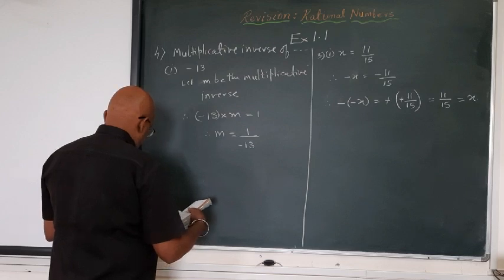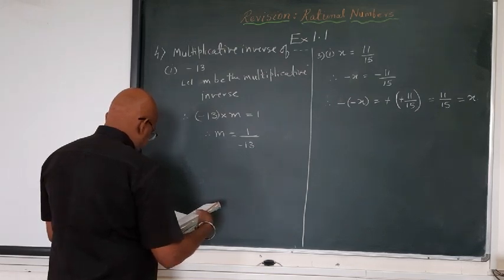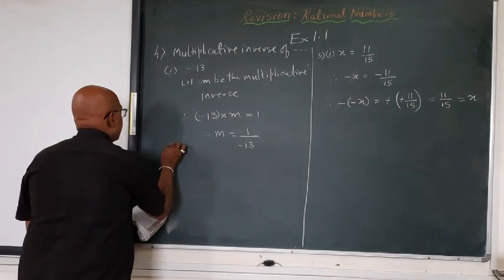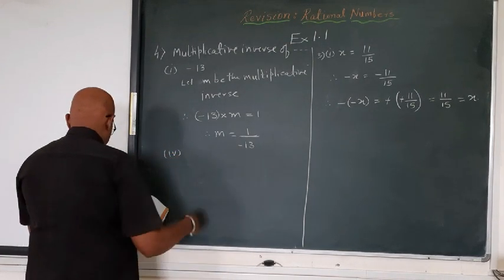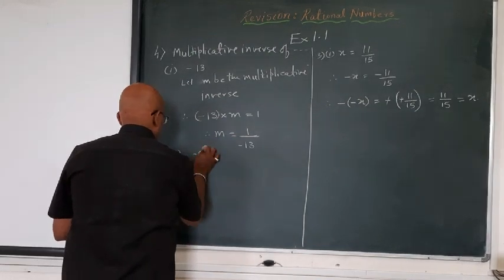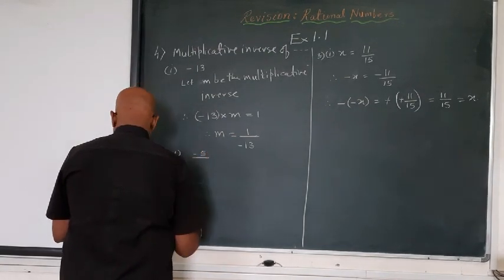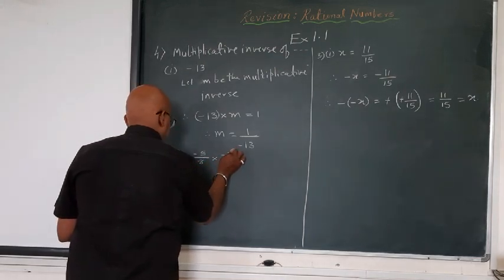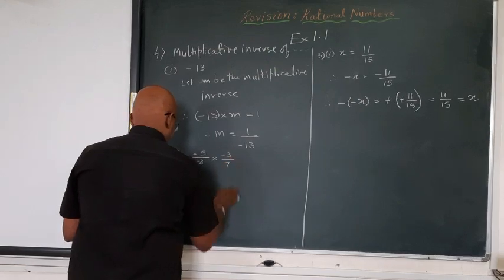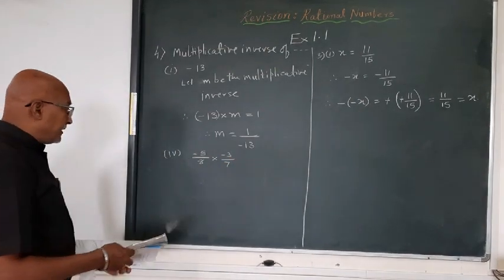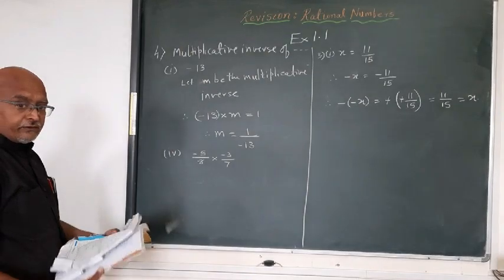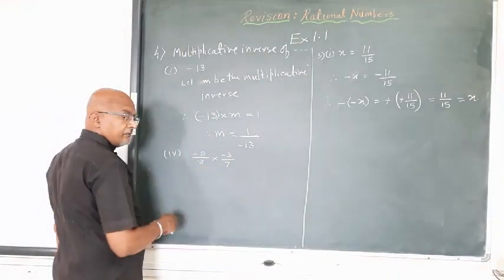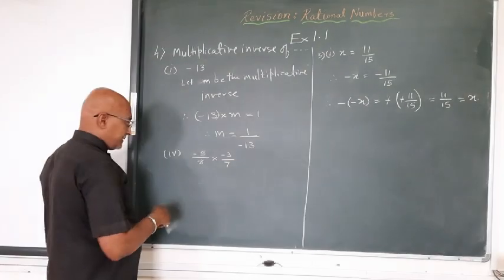So we'll go for one more example in this. Here, the fourth one. Now in the fourth one, it is given that minus 5 upon 8 multiplied by minus 3 upon 7. So what should be the multiplicative inverse of this? So obviously we have to take just the reciprocals.